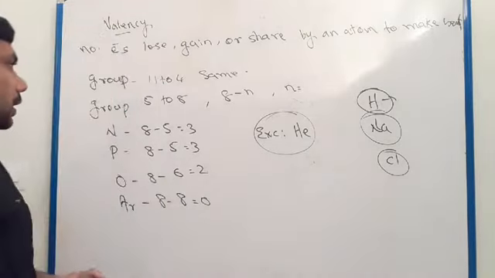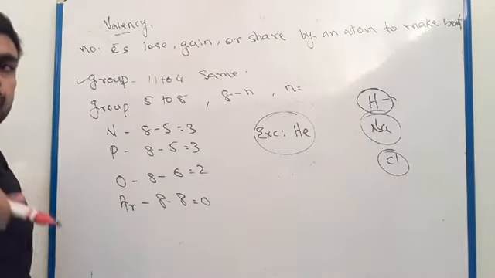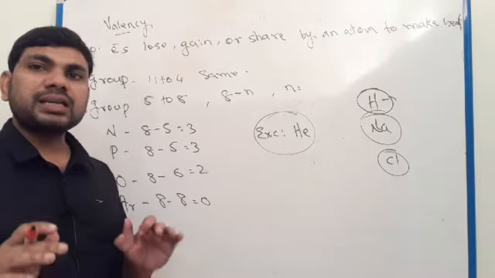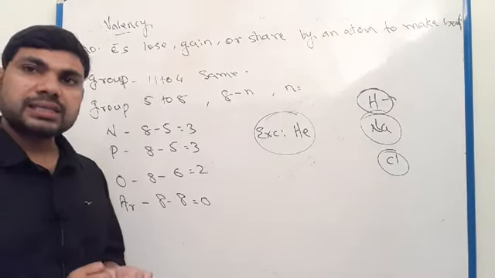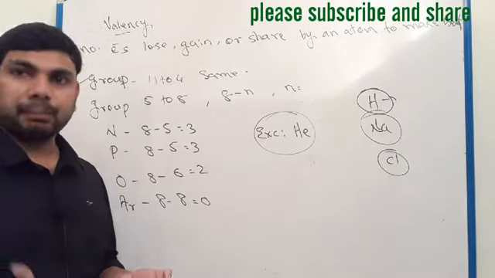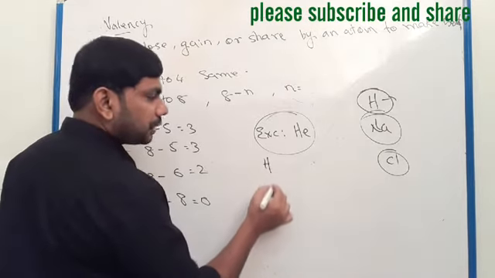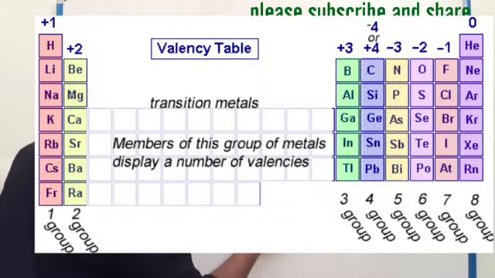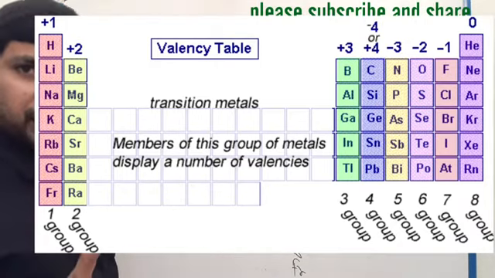So see here, group 1 to 4 in the periodic table, their valency is the same as their group number. For example, in the first group you can see hydrogen, lithium, sodium, potassium, rubidium, cesium and francium. All these are group 1, they have valency 1.